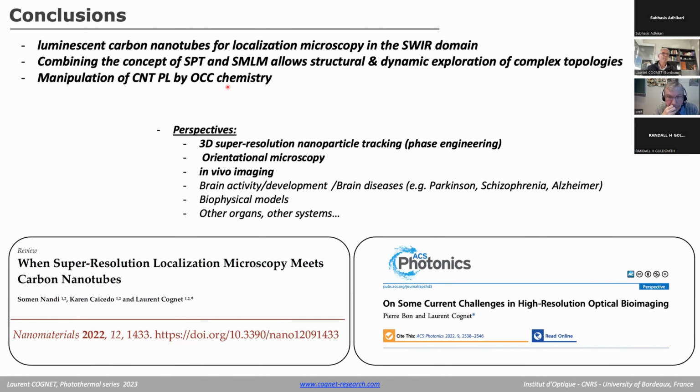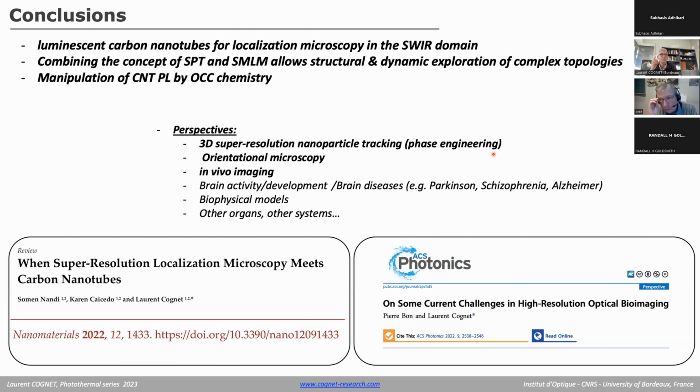So we have many perspectives in the group. Everything that I showed you was 2D imaging. Of course, we are doing 3D now, the same thing in 3D by phase engineering. Also, one important thing in the field of single molecules is that carbon nanotubes are perfect dipoles, actually.